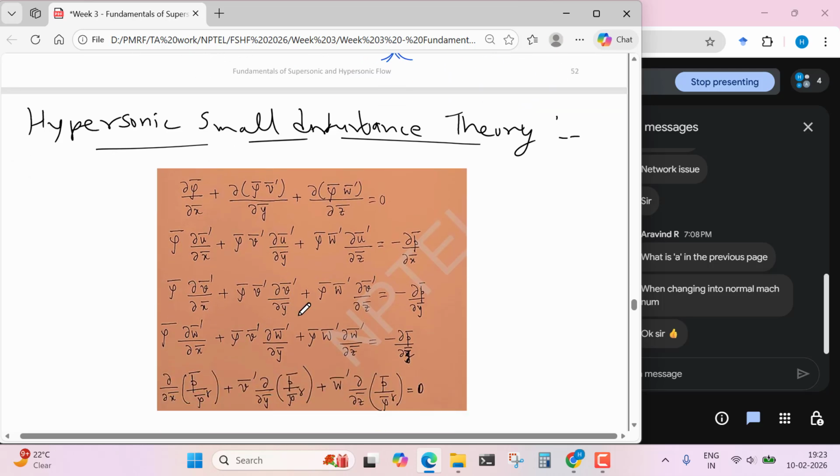So hypersonic small disturbance theory equations are given by these equations, which you might have seen in classes.